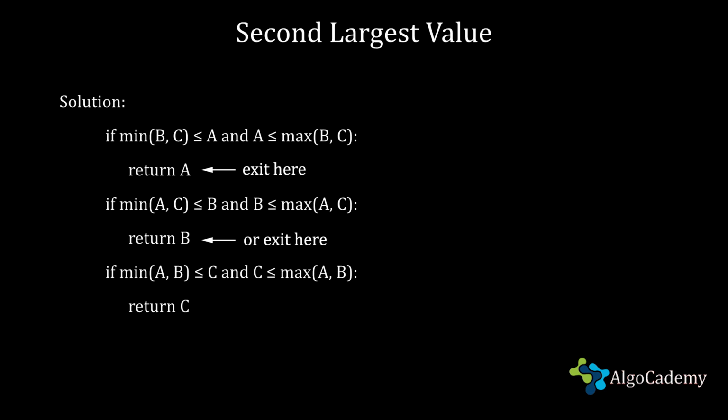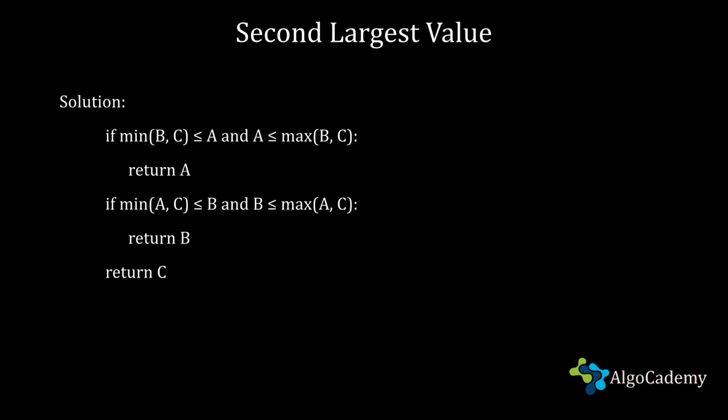So if we ever get to execute this third if statement, this means that a and b are not our solution. This means that our solution is c. We know this for sure, and there is no point in checking it. So the if statement is useless and we are going to get rid of it.